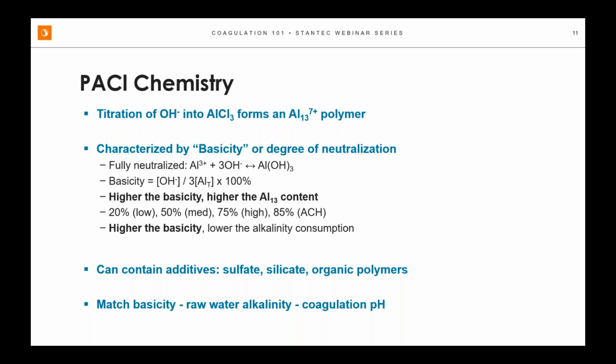So in that situation, you might want to consider a higher basicity polyaluminum chloride, because it'll consume 75% of the alkalinity that the alum will. So it might drop your pH less, and then you don't need to add caustic.